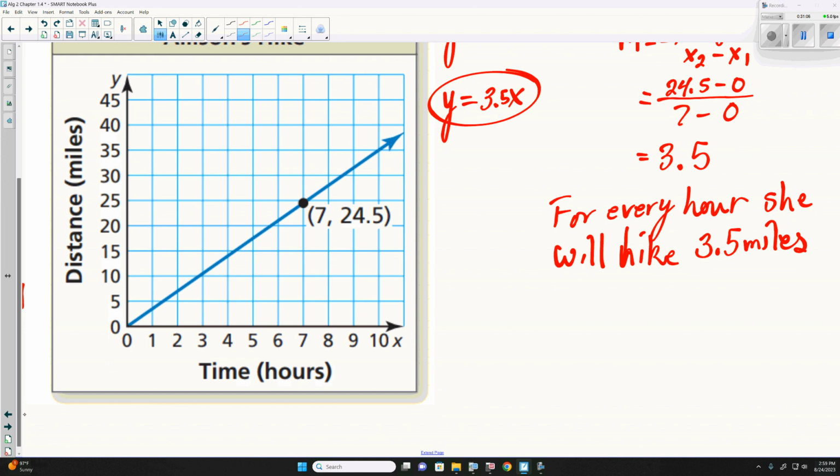Why can't you just take 3.5 miles and divide 3.5 by 14? We can, but it would give us the wrong number.